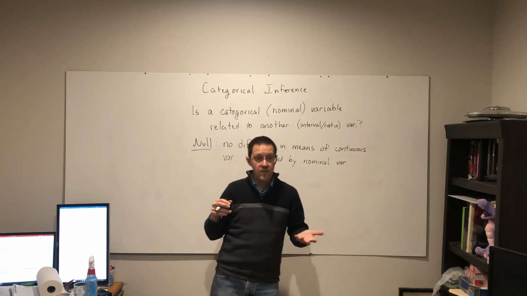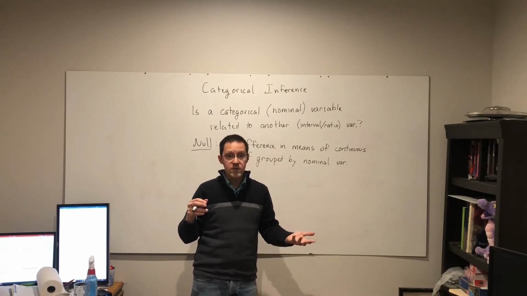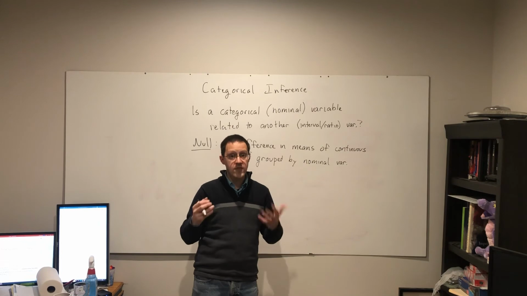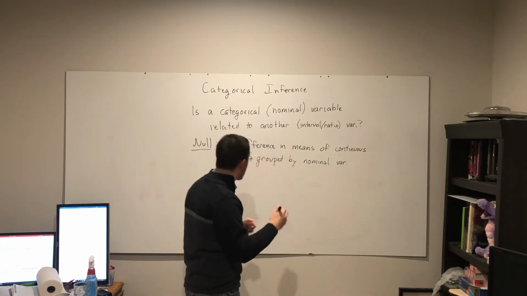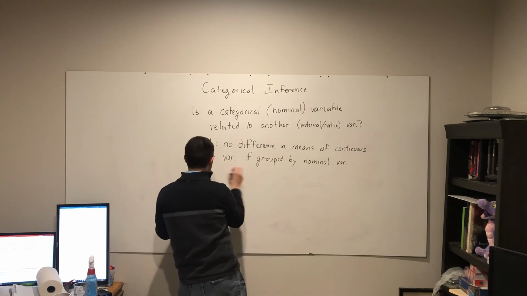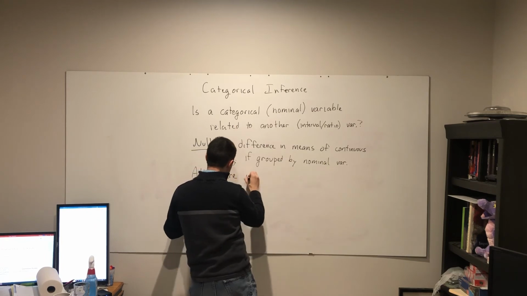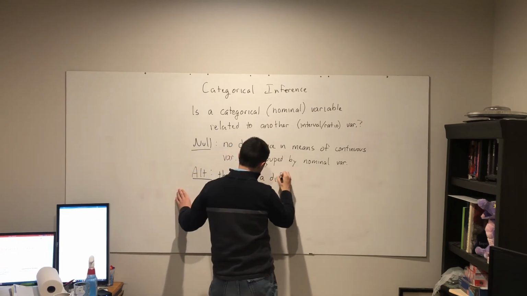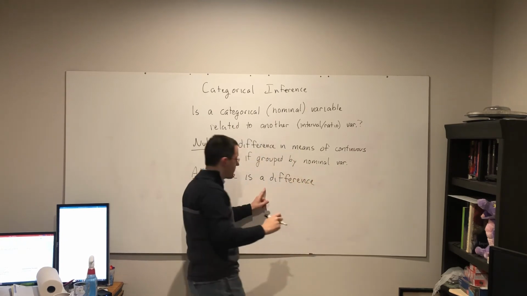They are equivalent, the means are the same, there's, in a sense, no relationship between the two variables, or nothing interesting going on. The alternate hypothesis is that there is a difference.